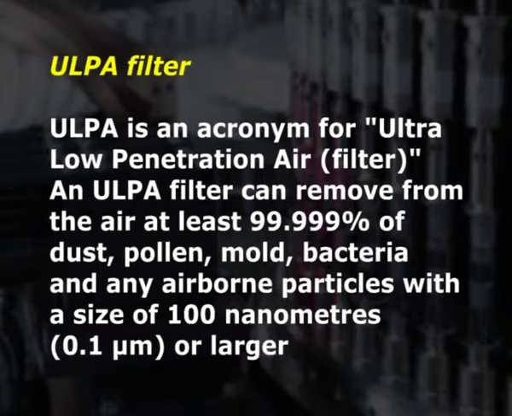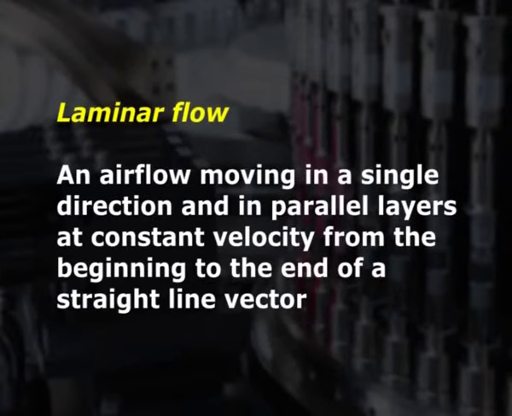ULPA is an acronym for Ultra Low Penetration Air filter, and a ULPA filter can remove from the air at least 99.999% of dust, pollen, mold, bacteria and any airborne particles with a size of 100 nanometers, or to say 0.1 micron, or larger. Laminar flow: an airflow moving in a single direction and in parallel layers at constant velocity from the beginning to the end of a straight line vector.